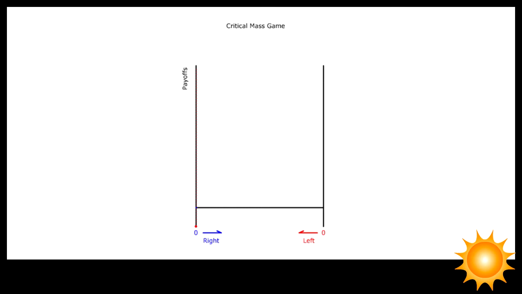Suppose the payoff for R is such a curve, with the payoff for L falling. The payoff curve of R intersects the payoff curve of L twice, so L dominates R until a critical mass is reached.